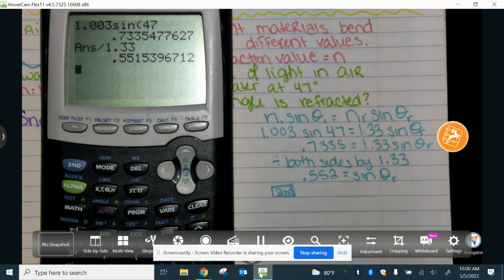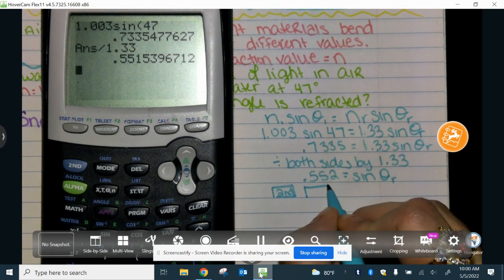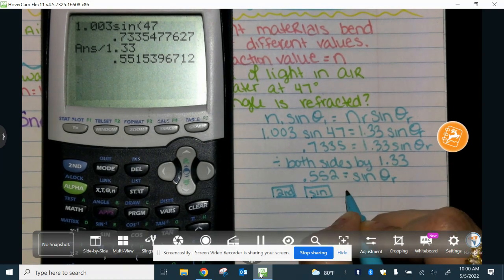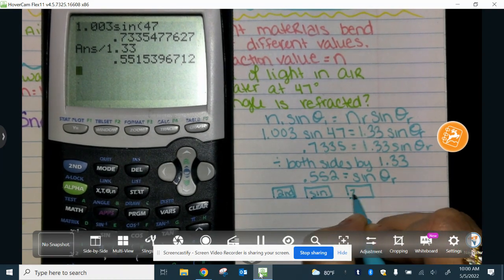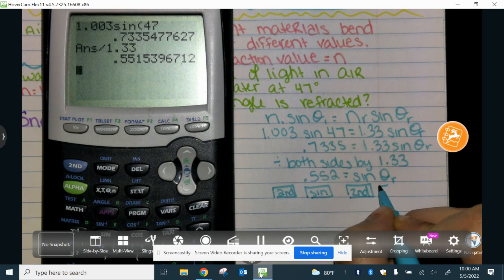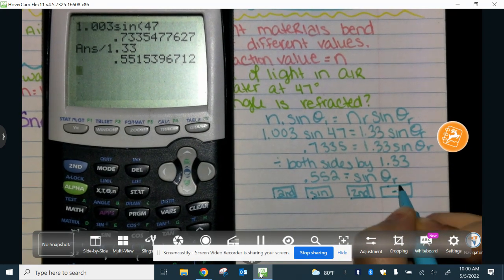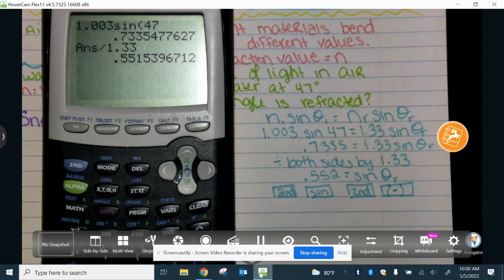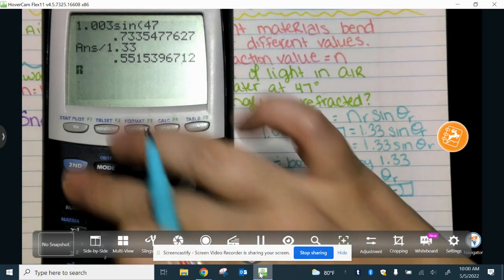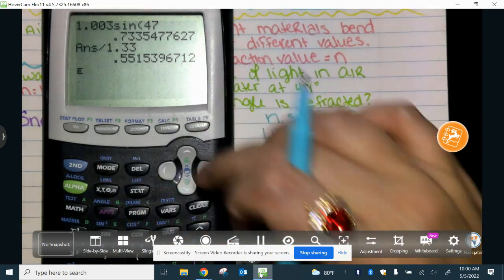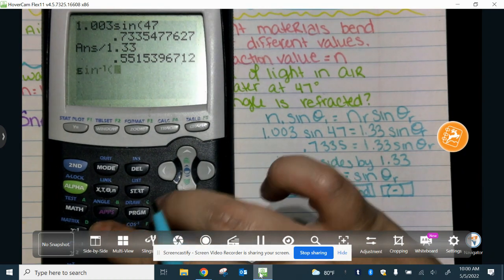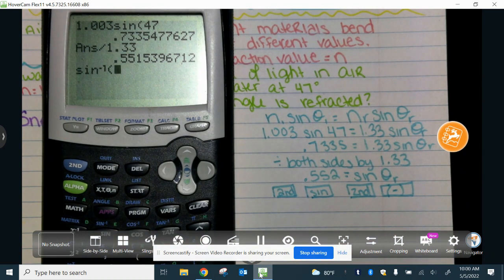So we're going to hit second, sine, which gives me the inverse of sine.